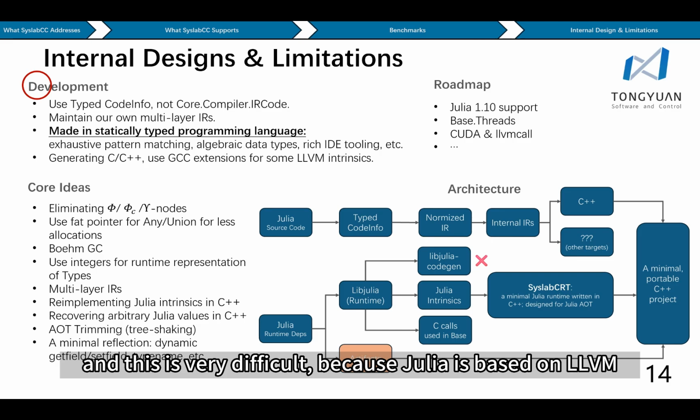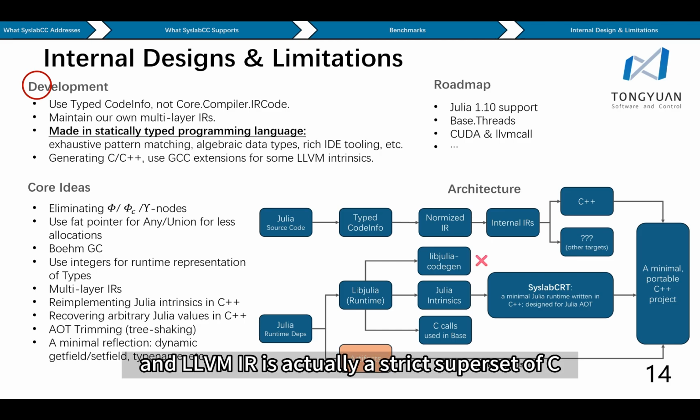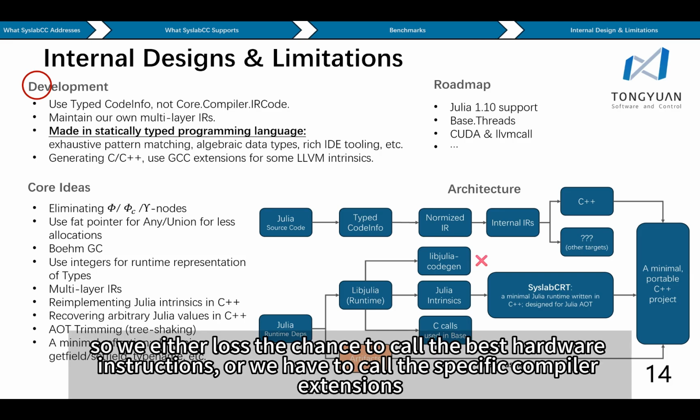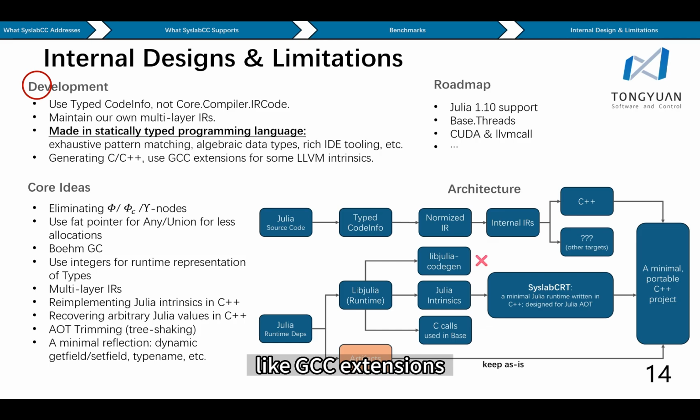And this is very difficult because Julia is based on LLVM, and LLVM IR is actually a strict superset of C. So Julia uses LLVM intrinsics that are not available in standard C, so we either lose the chance to call the basic hardware instructions, or we have to call specific compiler extensions like GCC extensions.